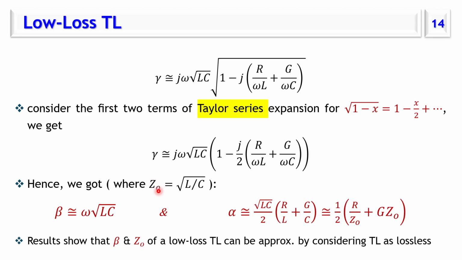If we take them into account for Z0, Z0 will not be real, it will be a complex value, and the analysis would be more complicated.